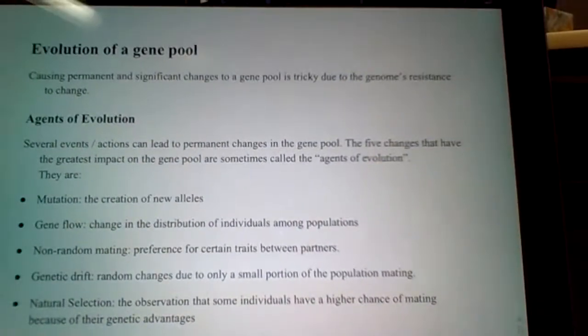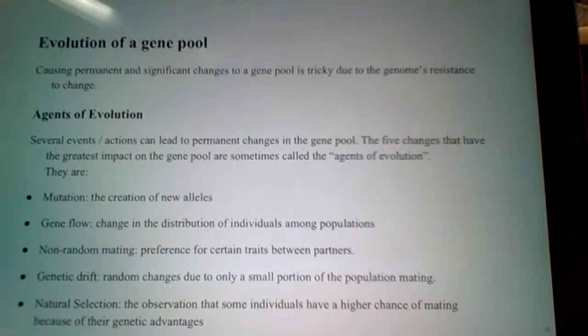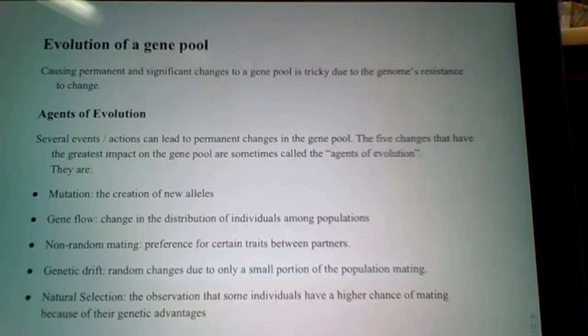so let's get started. So we've been talking about the evolution of a gene pool, and as part of the evolution of the gene pool, we were talking about the 5 agents of change.